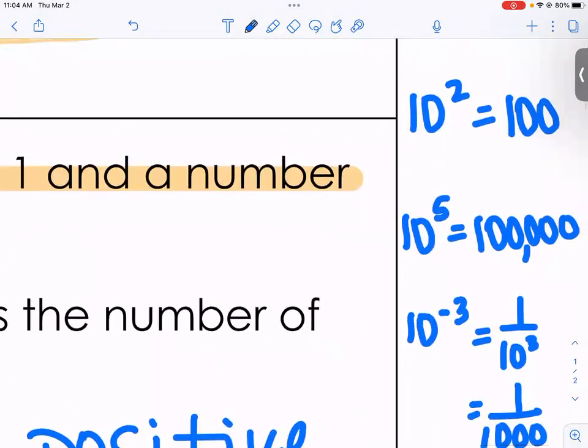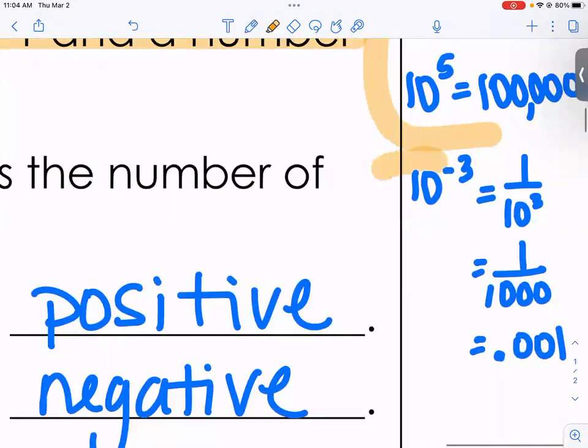So when we have positive exponents, we have big numbers. When we have negative exponents, we have really small numbers. The more extreme your exponent is, the more extreme your number is. So if you have 10 to the 9th, that's a really, really big number. If you have 10 to the negative 9th, that's a really, really small number.